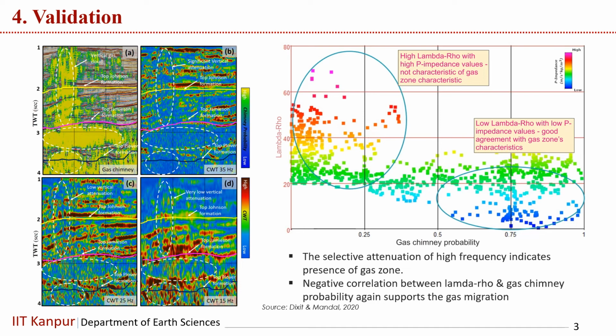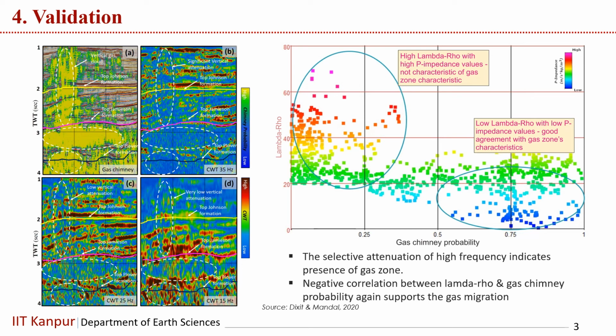The second technique that we have used to validate the end result is the crossplot, and I'd say it's a very innovative way to validate this result. Here we have used a lambda rho versus gas chimney probability crossplot, where lambda rho is calculated from the well log data that we had.